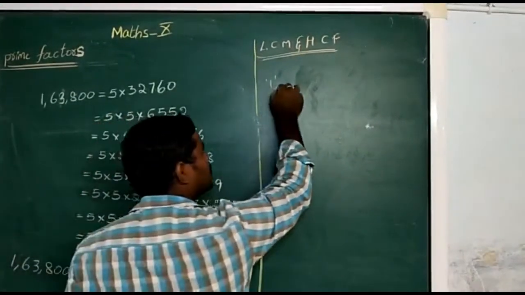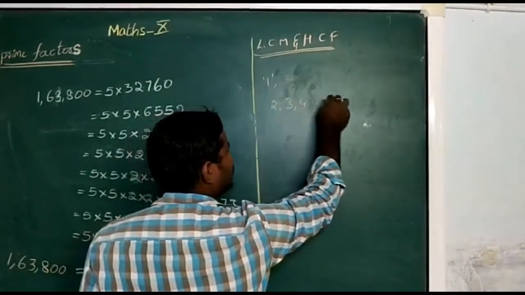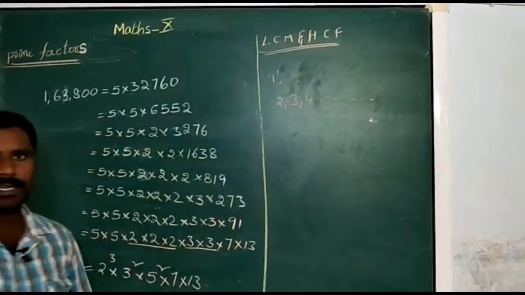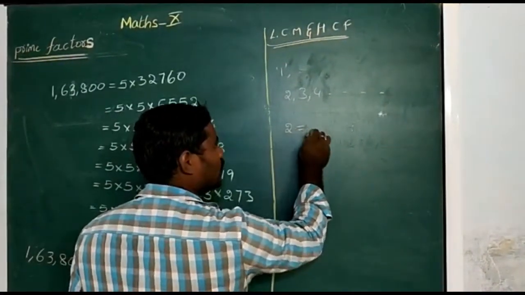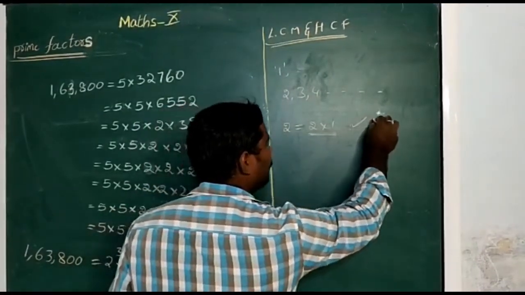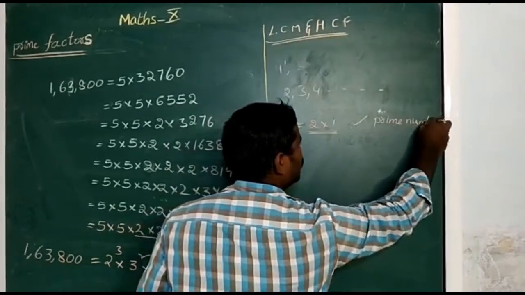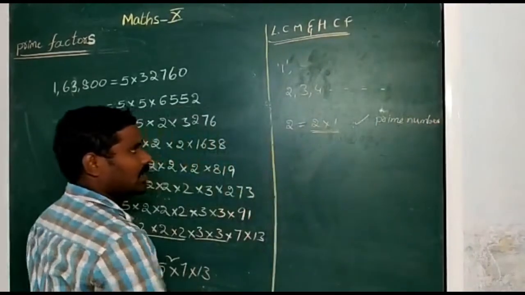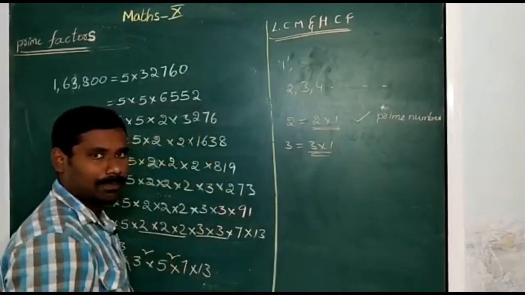Now the remaining natural numbers, that means 2, 3, 4 and so on, can all be written in the form of prime factorizations. 2 can be written only as 2 into 1. This is only one factor, so it is called a prime number. 2 is a prime number. Now 3 can be written as 3 into 1, only one way, so it is also a prime number.